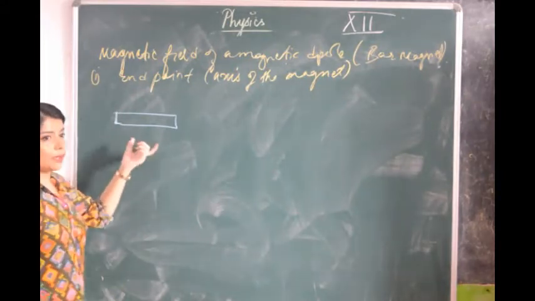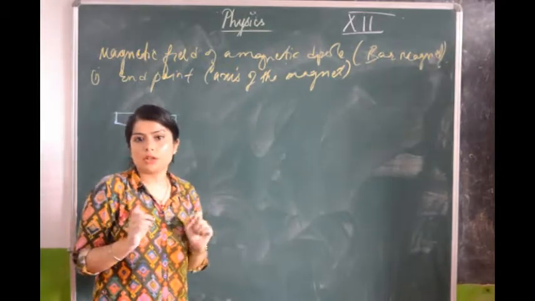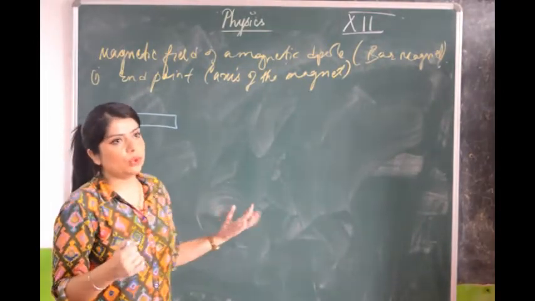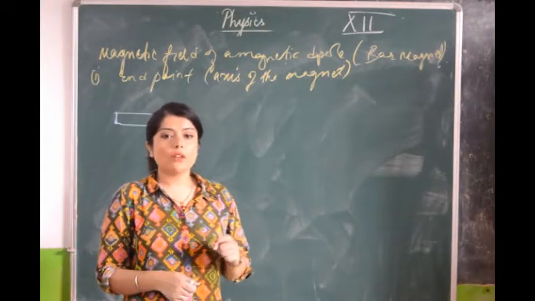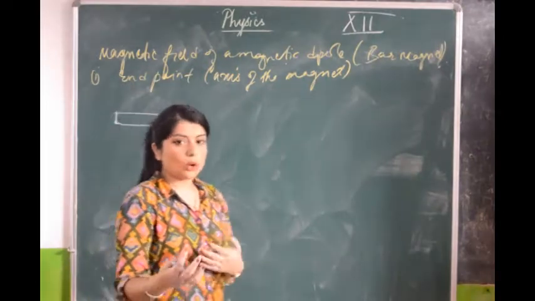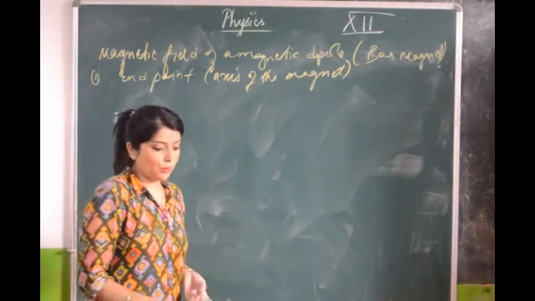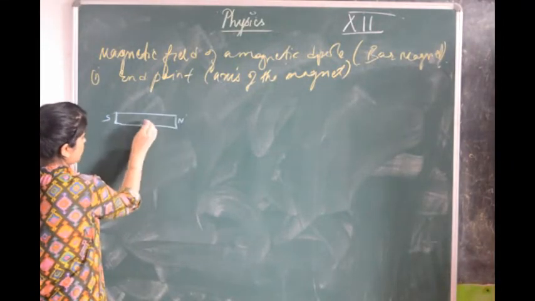Similarly, we'll compare this to the electric dipole. We'll write the similar notations as we have done in electric dipole. The electric dipole and the electric field at the axial and equatorial point we have done in the first chapter itself. I hope you still remember that, and we are going to compare the equation of magnetic dipole and electric dipole.